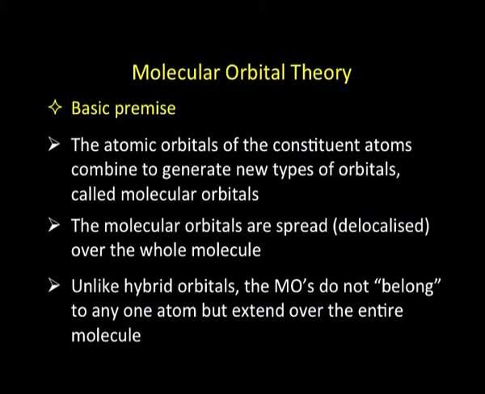Otherwise, both of them use the quantum mechanical formulation of atomic structure. One more thing we have to keep in mind is localized and delocalized bonding. You remember that when we talked about valence bond theory, we talked about hybrid orbitals. In hybridization, the atomic orbitals of only one atom participate, and they give rise to hybrid orbitals which belong to that atom by itself.